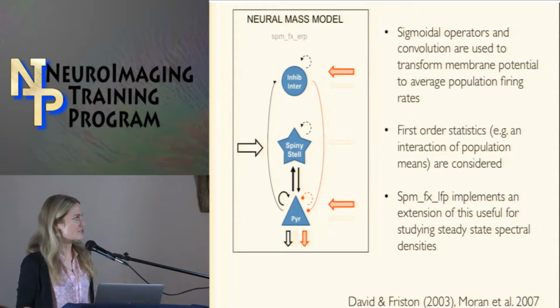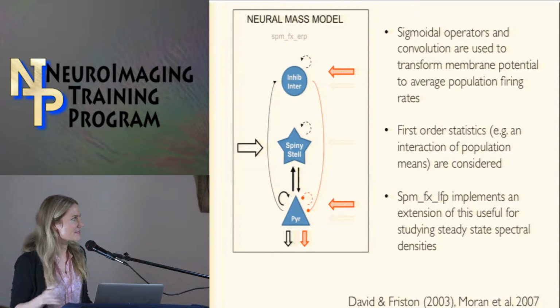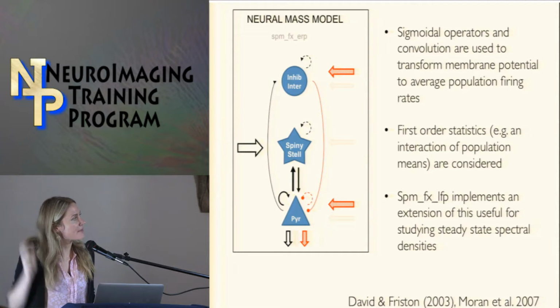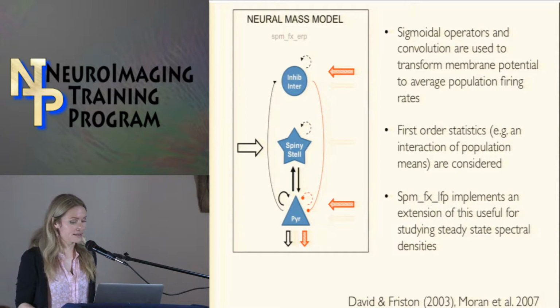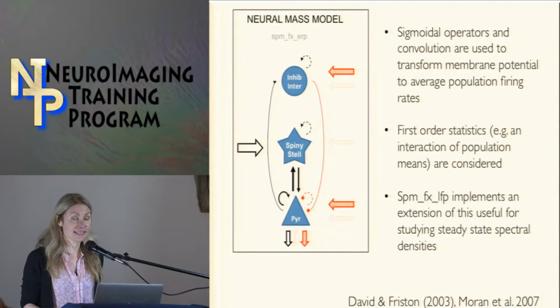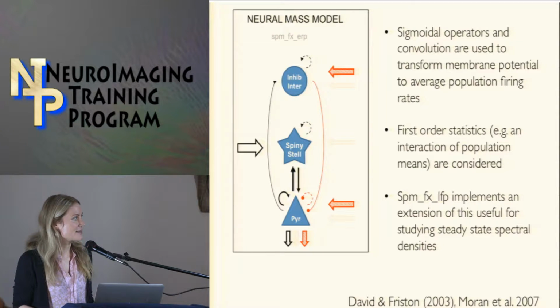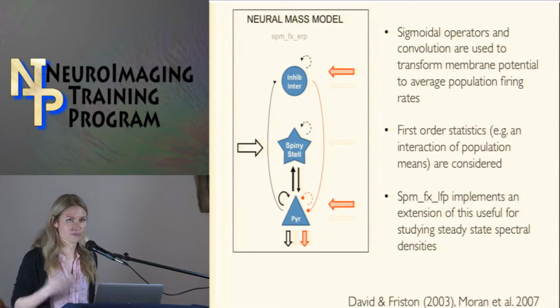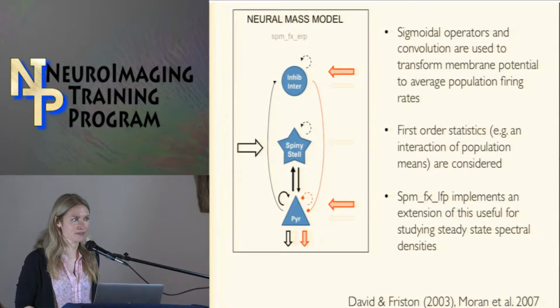Rosalind Moran extended this to what she called the LFP model, implemented in SPM_fx_LFP, and that particular neural mass model is useful if you're interested in studying steady state responses in spectral densities, so frequency domain steady state responses.